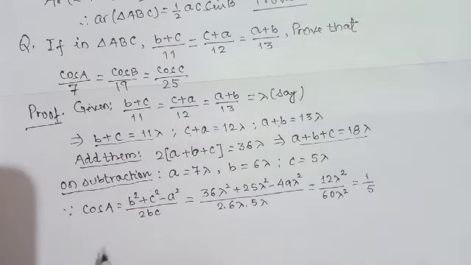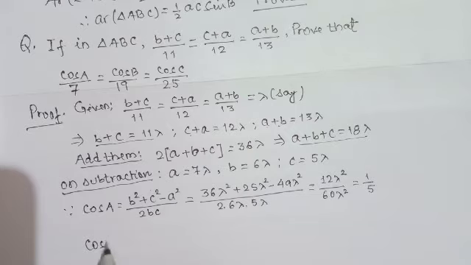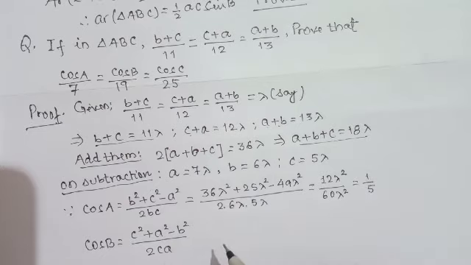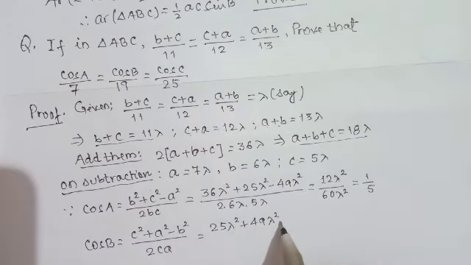Similarly, cos B. Cos B is equal to C square plus A square minus B square upon 2CA. Calculate its value. 25 lambda square plus 49 lambda square minus 36 lambda square upon 2AC, means 2 into 7 lambda into 5 lambda.